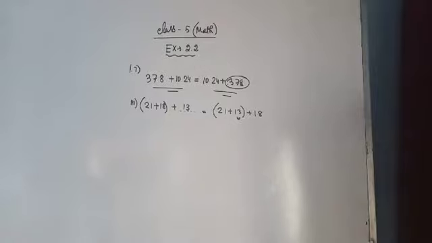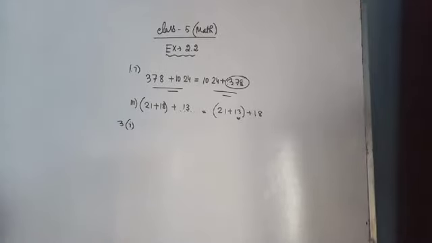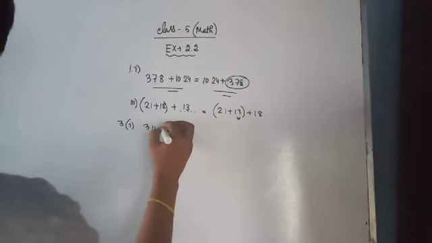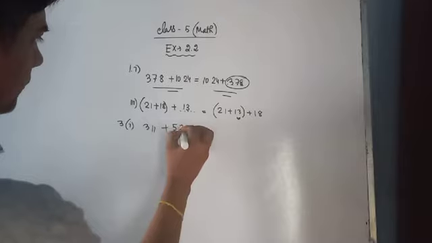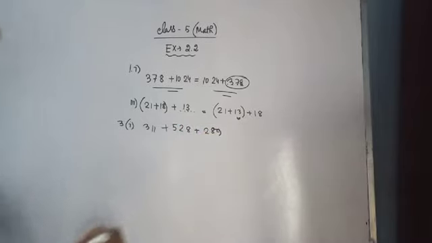Suppose question number 3. Question number 3 says, by suitable arrangement find the sum. Suppose I give 311 plus 528 plus 289.